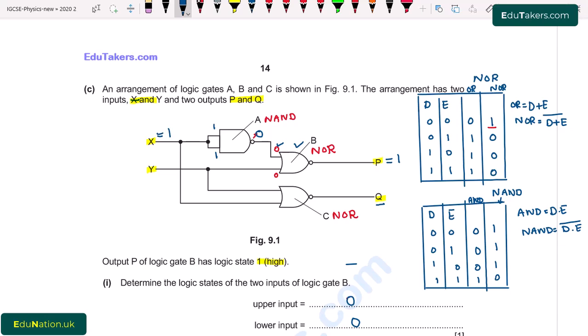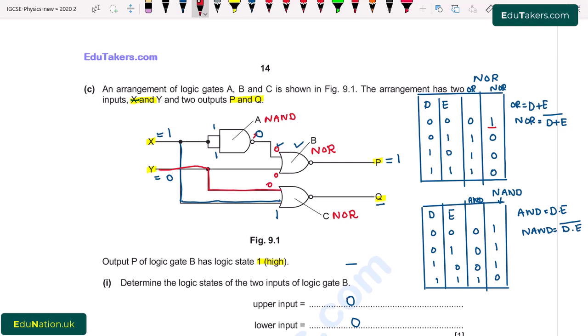So from the last question we can see that Y is equal to 0. This is 1, while the other is 0.